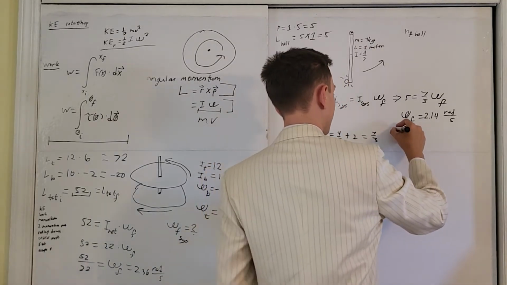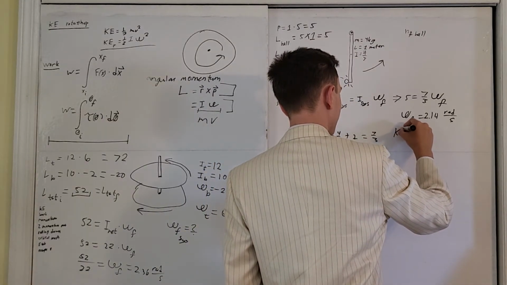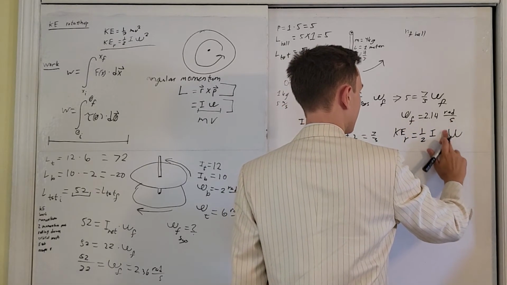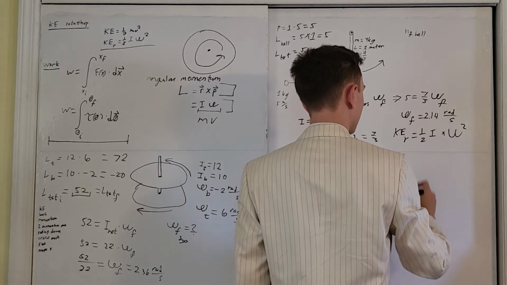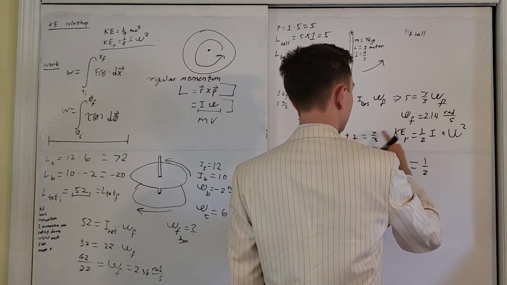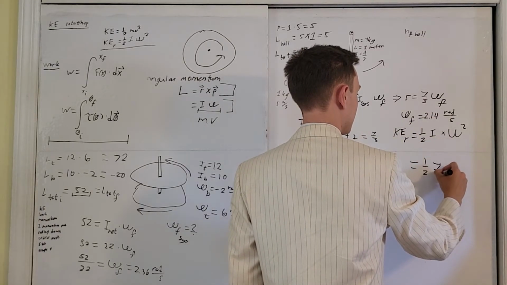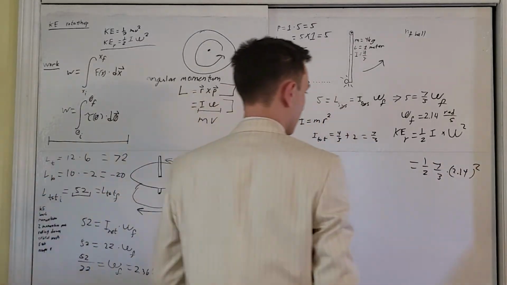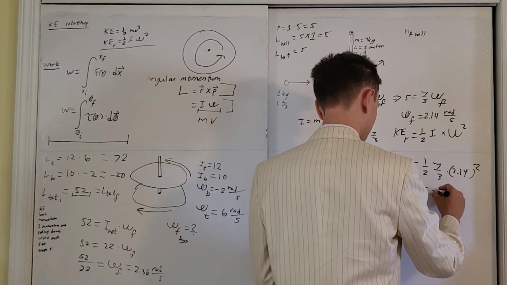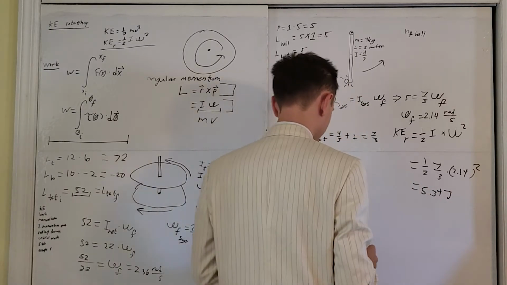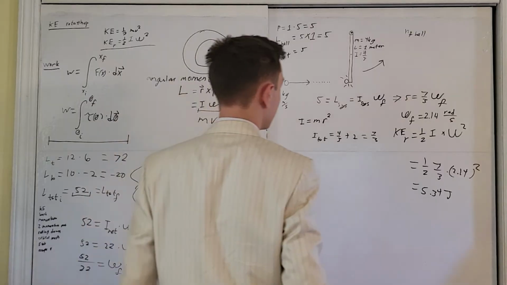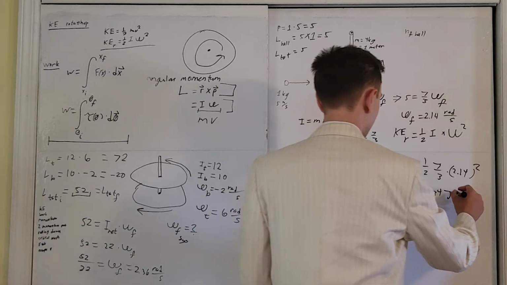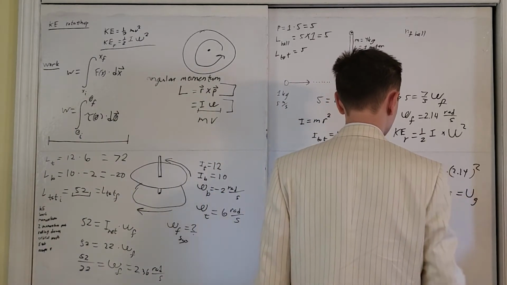From here we can calculate the rotational kinetic energy of our system, which is 1/2 the moment of inertia times omega squared, which is 1/2 times 7/3 times 2.14 squared, which is therefore going to be 5.34 joules. Since that's our kinetic energy, once the rod reaches the top of its motion, all of its kinetic energy will be expended, and that will equal the gravitational potential energy of our system.